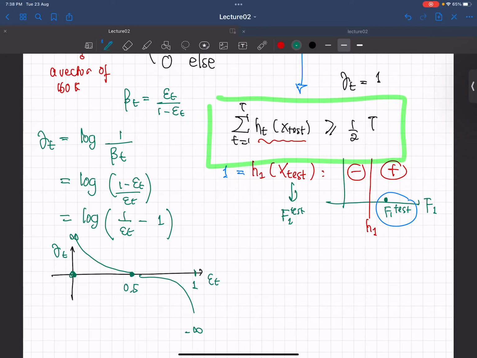We know that epsilon t represents the quality of your classifier. If epsilon t is 0.5, it's in the middle, not bad, not good. But if it is less than 0.5, it is considered to be a good classifier. So this one is a good classifier, and that one is a bad classifier.